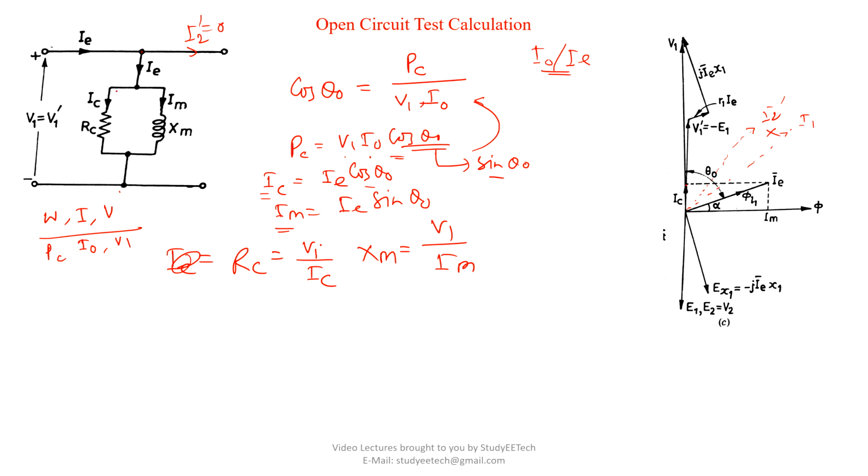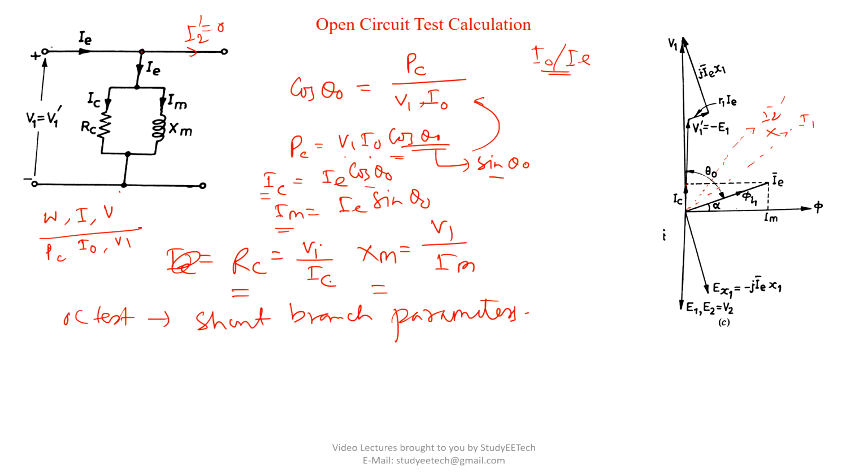And thereon, from this phase of the equivalent circuit, you can calculate RC and XM. Remember one thing, from the OC test we get the shunt branch parameters. Okay, so this is the calculation part.